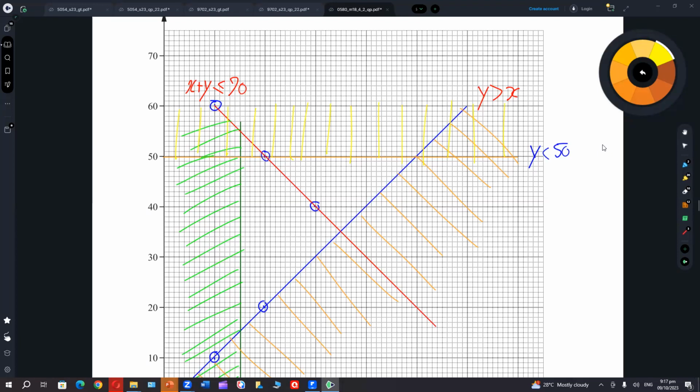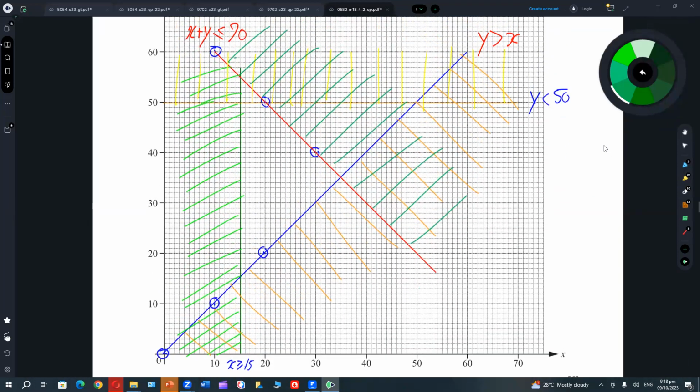So wanted is below. So where should I shade? Above the red line or below the red line? Above. Okay, I've shaded.